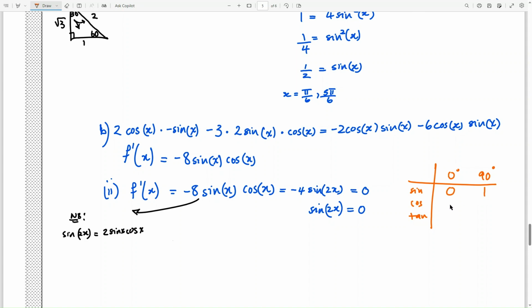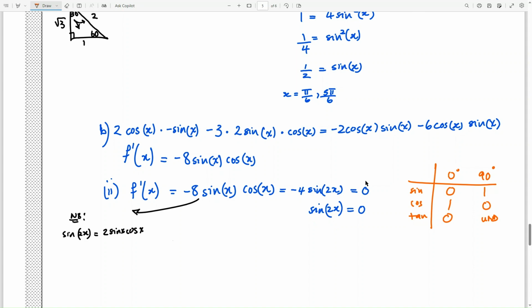So cos 0 is 1 and cos 90 is 0 because they swap like that. And since tan is sine divided by cos, 0 divided by 1 is 0, and 1 divided by 0 is undefined. So I like to use this little table to remember the 0 and 90 degree angles. You can just memorize them, keep them in your head. You don't need a table. Good for you. But there's no triangle for this one, so you probably just need to use a table like this.